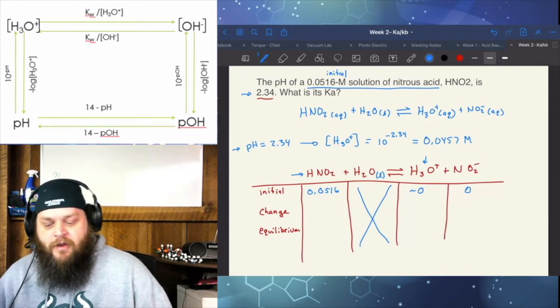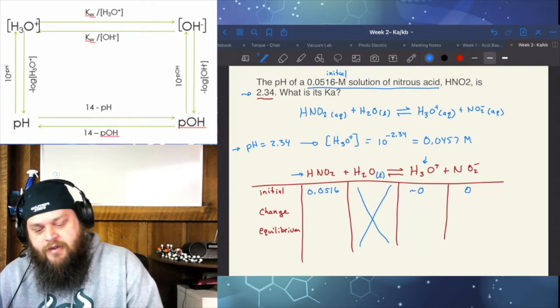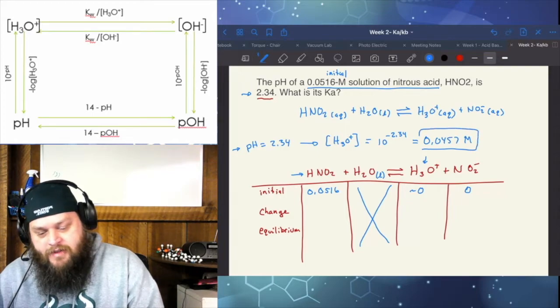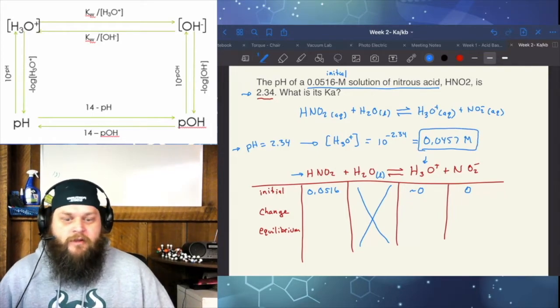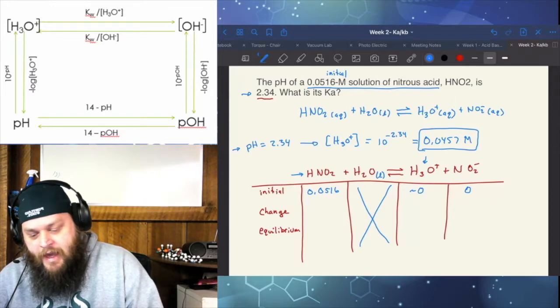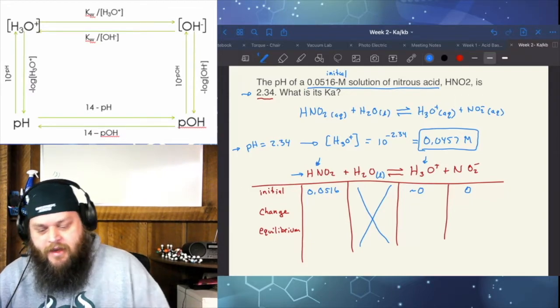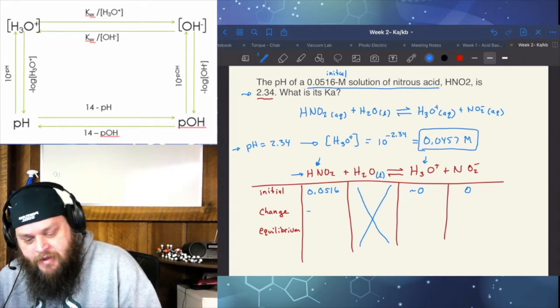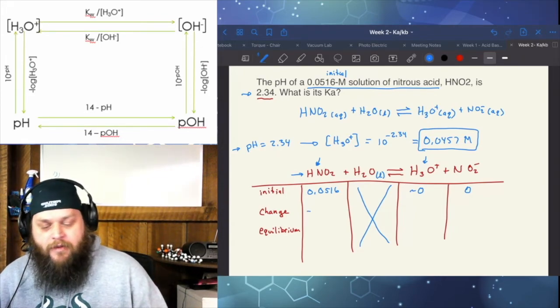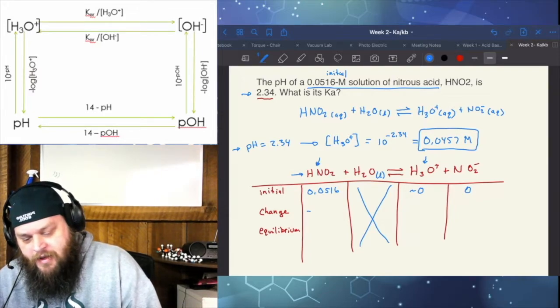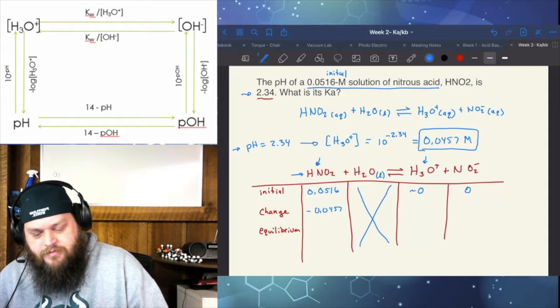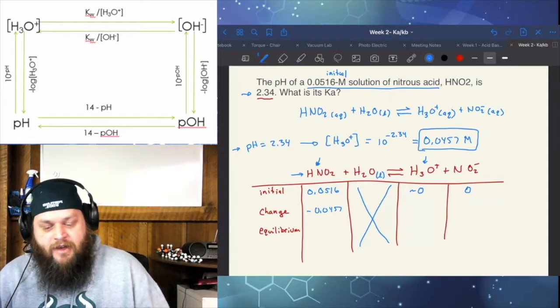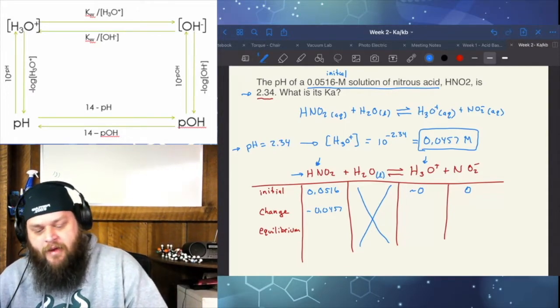In this case, since we know the pH, all of this extra hydrogen that showed up in our solution at equilibrium came from our acid. So our change needs to be equal to that change in the concentration of hydrogen. So I can say my change is 0.0457. And my change in hydronium would then go up by that same amount, 0.0457.